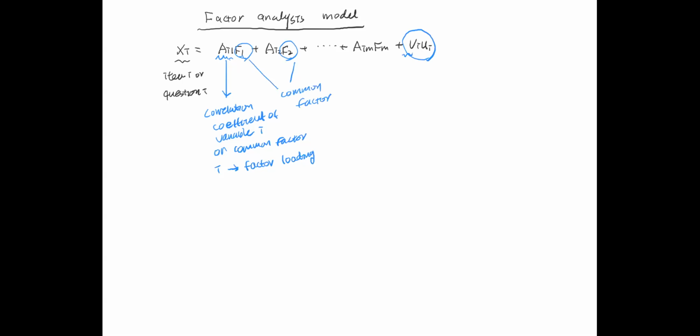So the Ui is the correlation coefficient of variable i. So variable i is item i, right? Item i, this one. So variable i on unique factor. So this is the unique factor now.